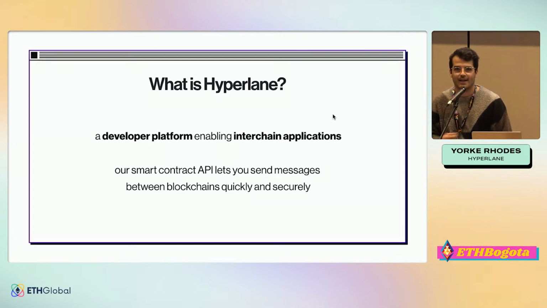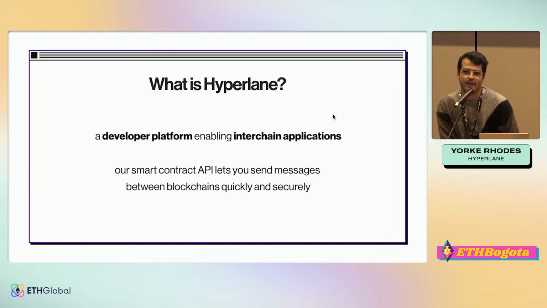So you enable composability between smart contracts which exist on different chains. And we have a novel security model that we employ to enable this. But I want to keep this talk focused on the developer tooling side of things, as opposed to the security protocol, but happy to answer questions there at the end.